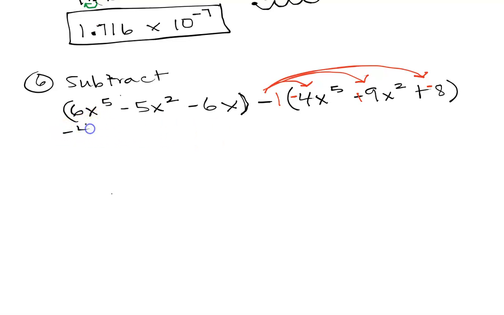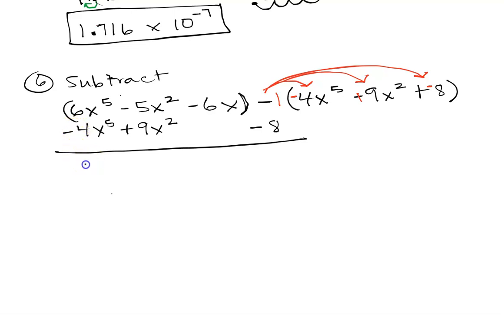So I'm going to put my -4x to the 5th under my other x to the 5th, and then my positive 9x squared under that. But notice that this is a -8, not a -8x. So it doesn't go under the x, it's going to go over here, -8. And then I can combine all of these together.